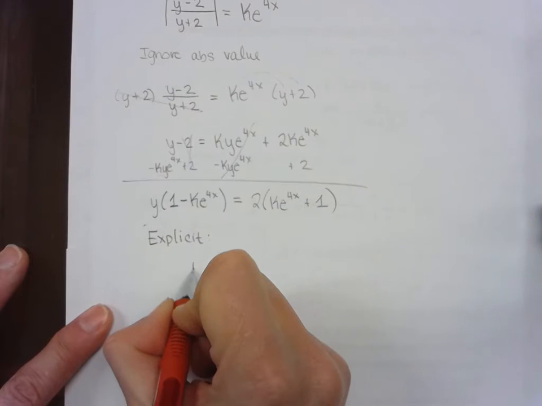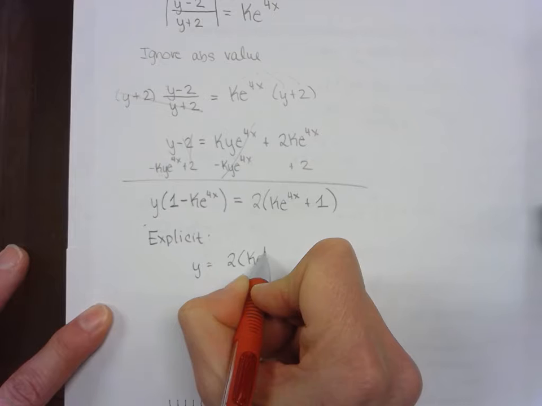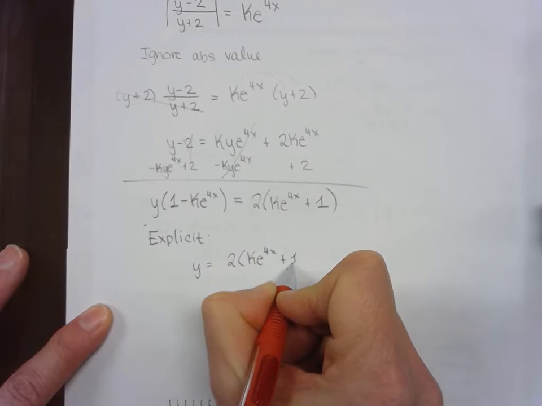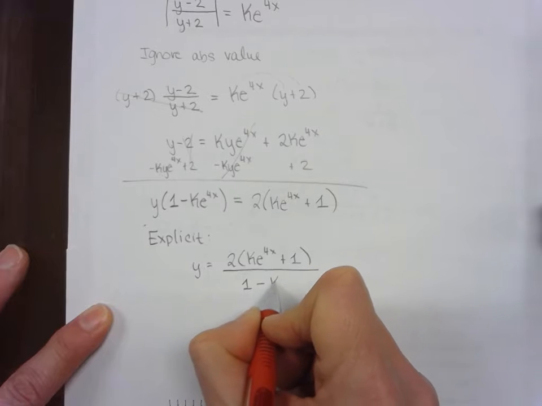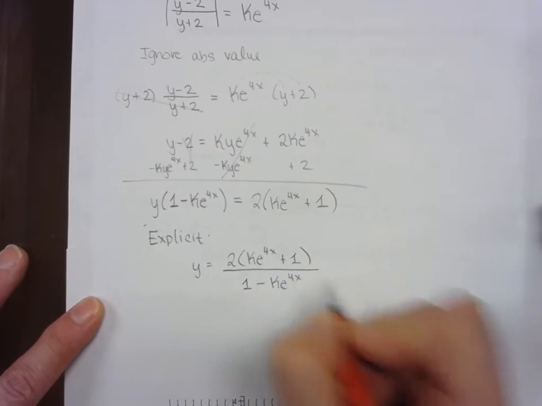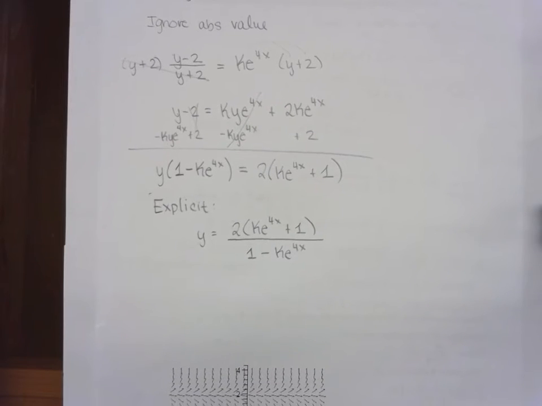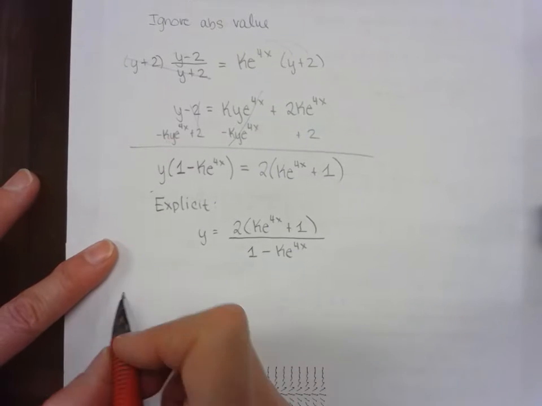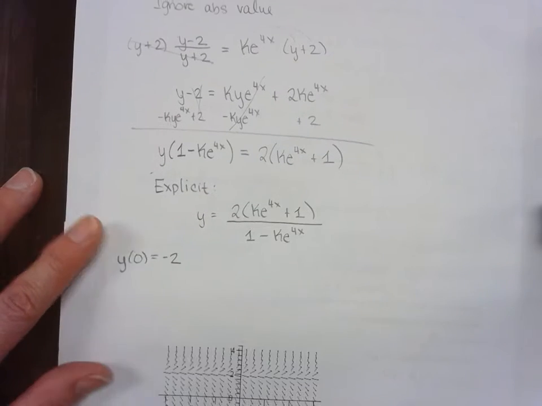Okay, so I'd have y equals 2 times k e to the 4x plus 1 over 1 minus k e to the 4x. And the initial condition was y of 0 equals -2.